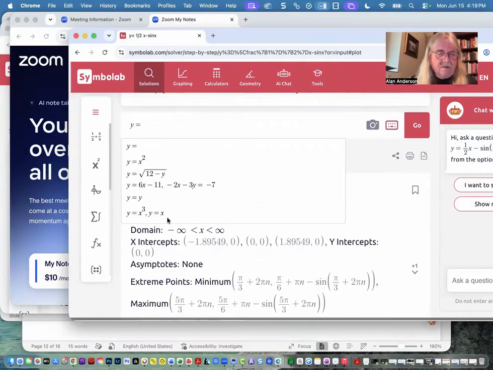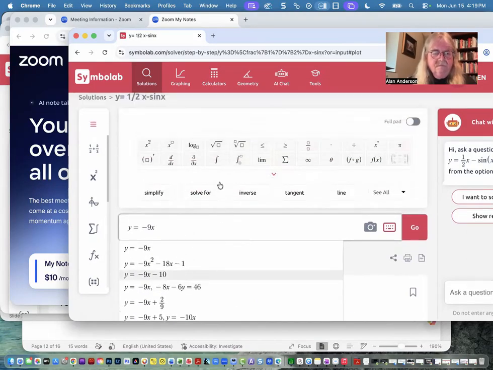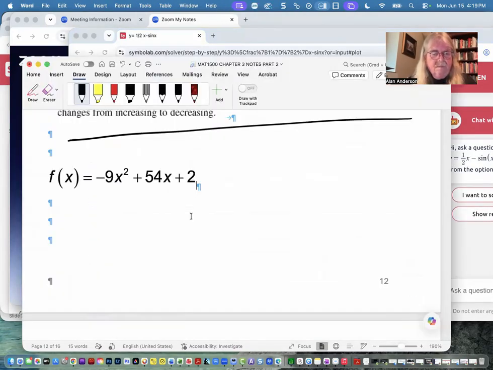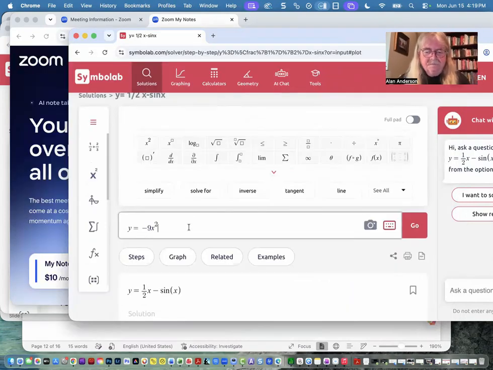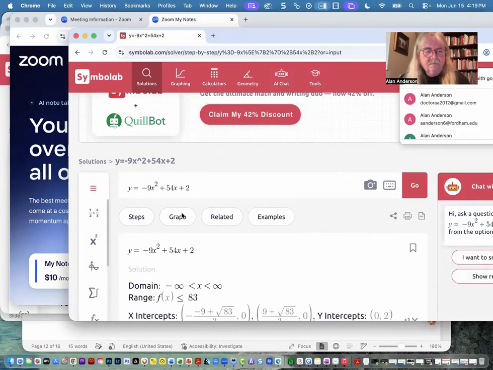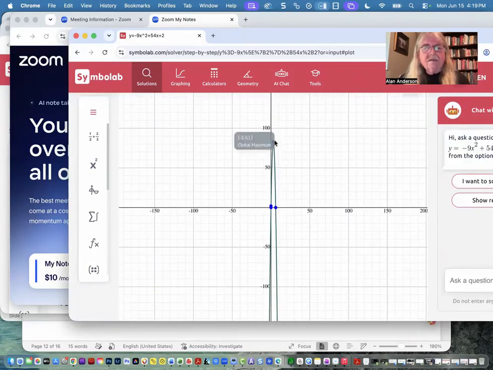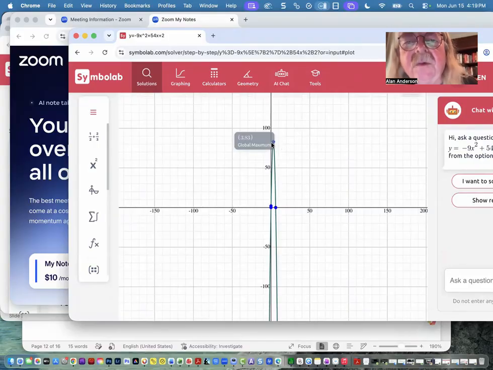Negative 9x squared plus 54x plus 2. Oof. Well, I guess all we have to worry about is the region on either side of this point, 3 comma 83.